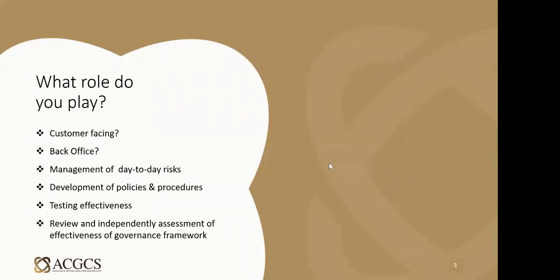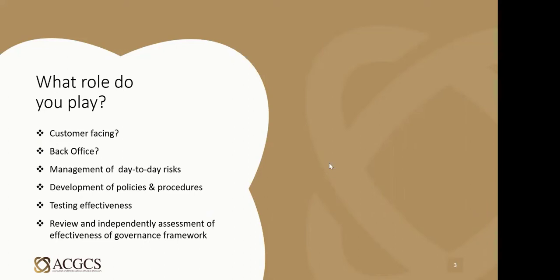So one of the most important things to talk about and to understand about the 3 lines of defense is that it's divided into the different roles that are applicable within an institution. You may have, like it's on the slide, customer facing, back office, you do the management of day-to-day risks, you're in charge of the development or the deployment of policies and procedures, you're in charge of ensuring that there's effectiveness testing, both the design effectiveness as well as the operational effectiveness.